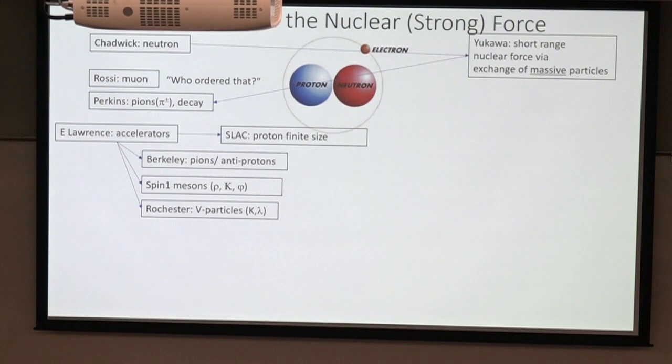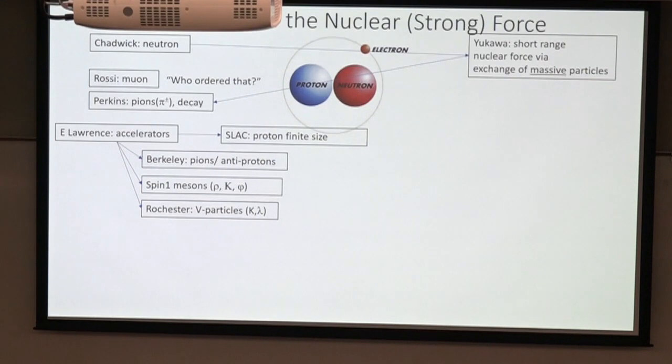And then the people up at Stanford, this is the Stanford Linear Accelerator, they were actually doing a different kind of experiment. They were accelerating electrons. Electrons are nice, simple particles. They're a fundamental particle, like a little dot. And if you shoot them in, just like Rutherford, they scatter off of the nucleus.